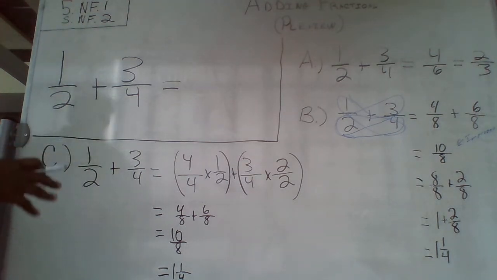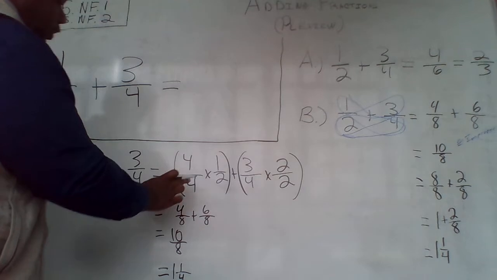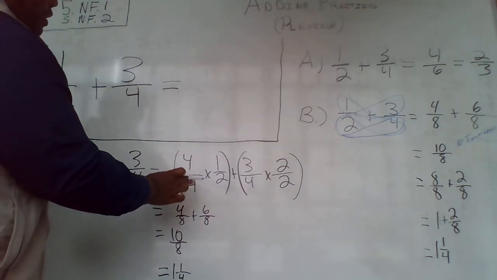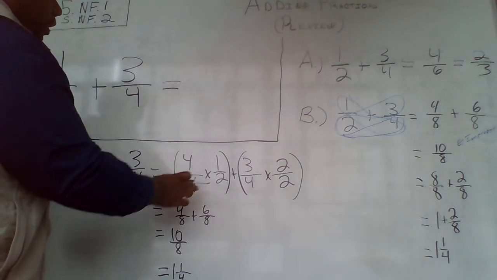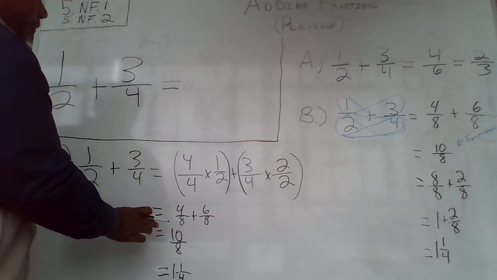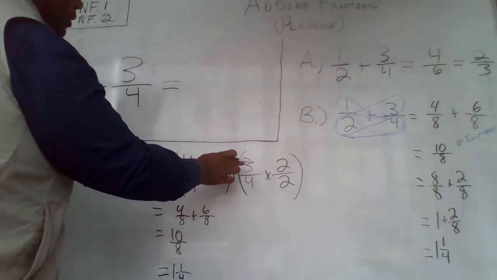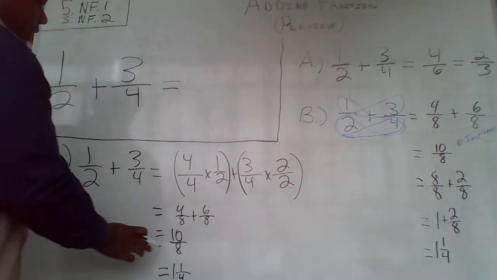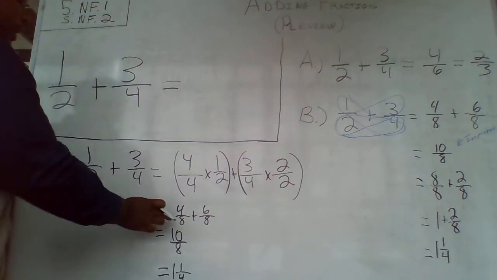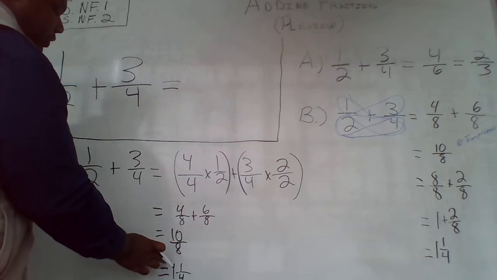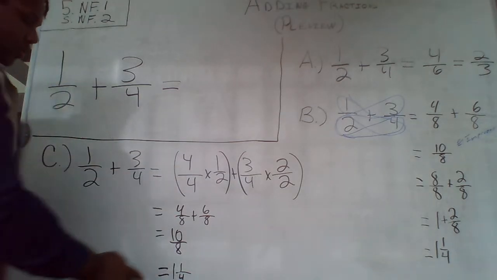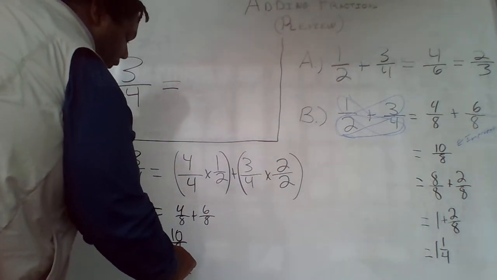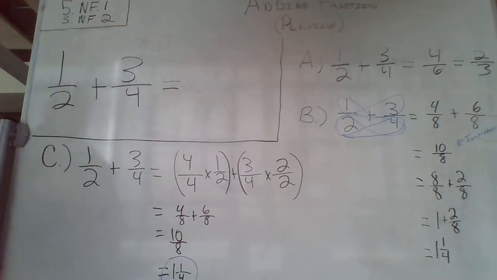And that's how we got our numbers. So when you look here, after you multiply 4/4 times 1/2, you get 4/8. When you multiply 3/4 times 2 halves, you get 6/8. When we add those together, we get 10/8 again, and we get 1 and 1/4 again. So our answer here is 1 1/4.